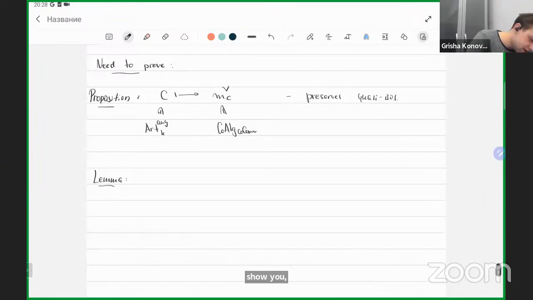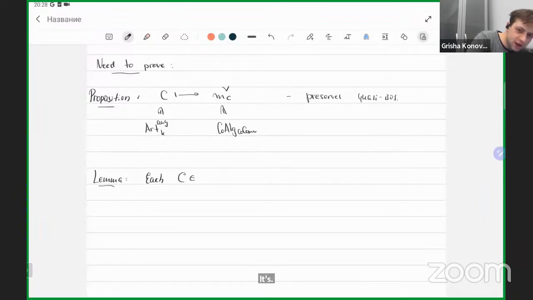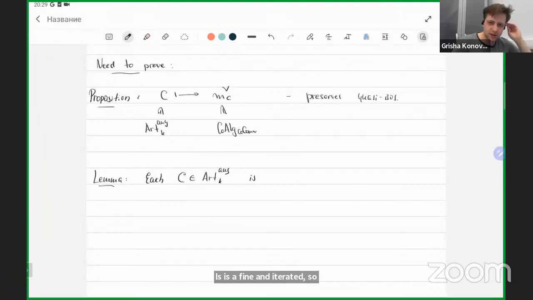And the lemma is that each Artinian algebra C is in fact a finite iterated so-called square zero extension. And I'll tell you what that is in a moment.